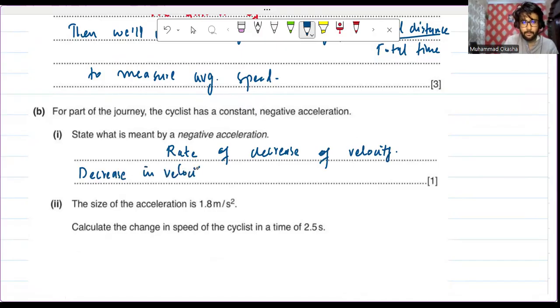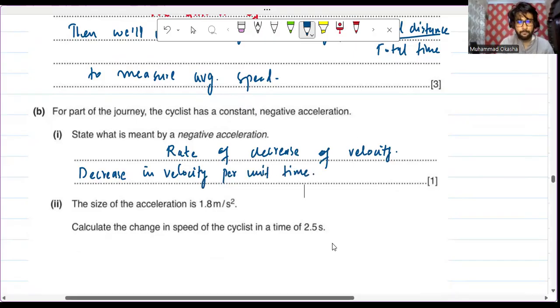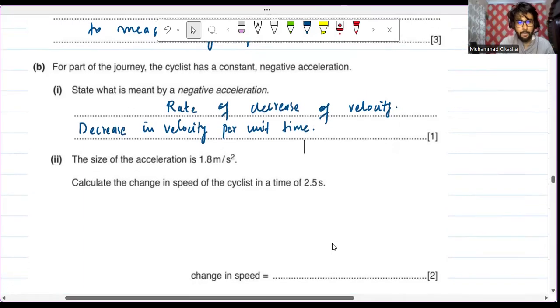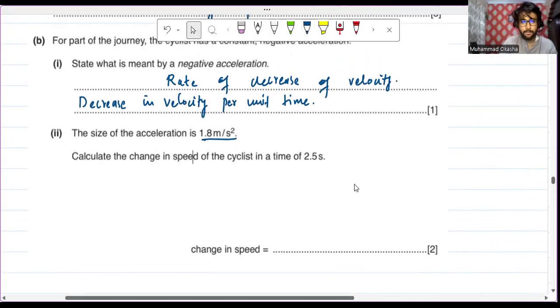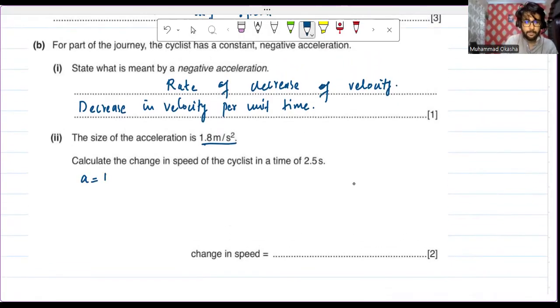That's negative acceleration. Okay. The size of the acceleration is 1.8 meters per second squared, which means acceleration is 1.8. Calculate the change in speed of the cyclist.